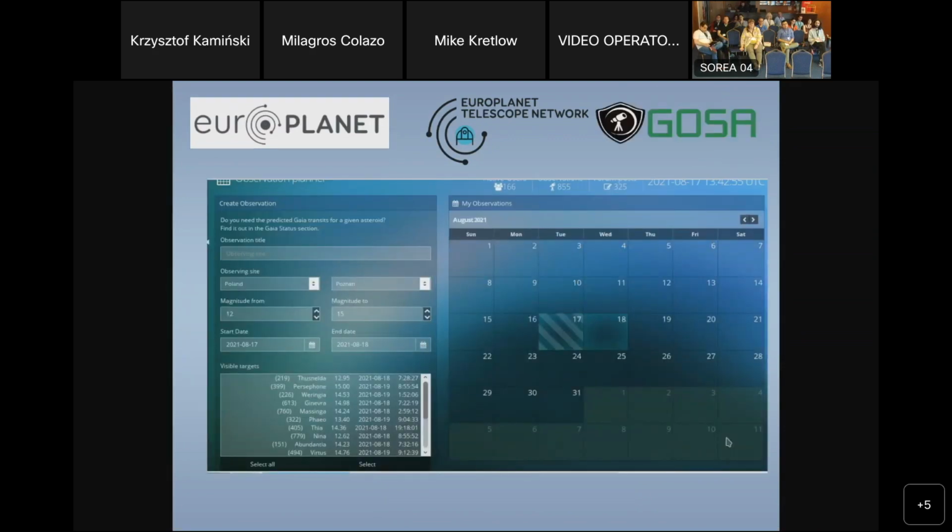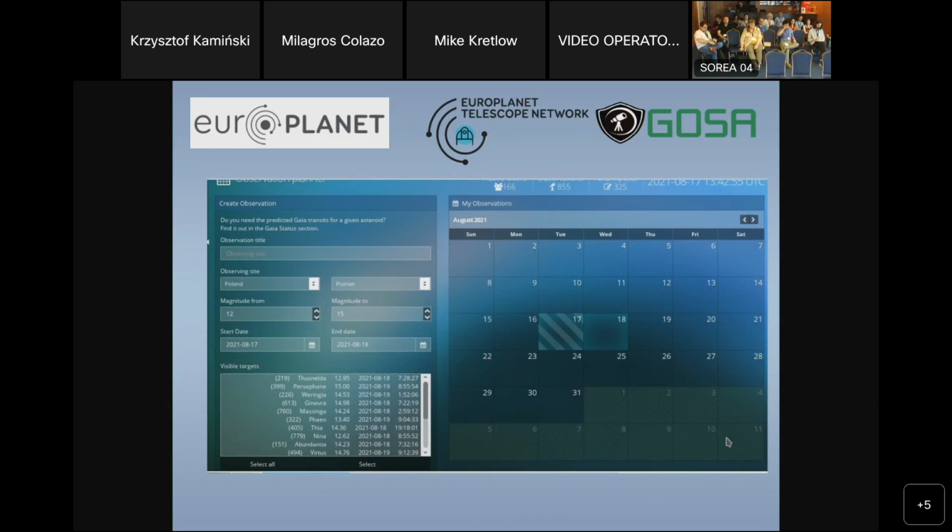We are trying to keep the service as user-friendly as possible. So we've got the observation planner, where you can choose your observing site, the country and the city, the range of magnitudes in which you can observe depending on your equipment, and the begin and end date when you can observe.